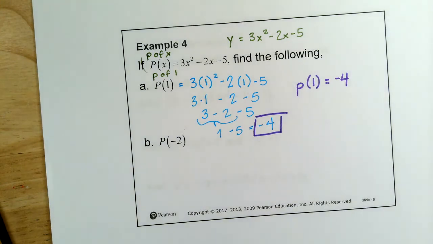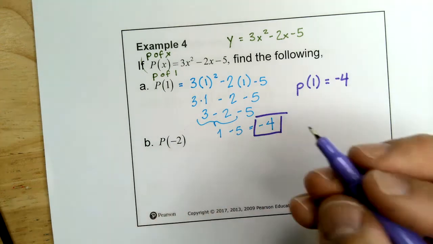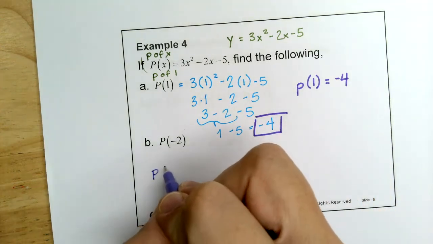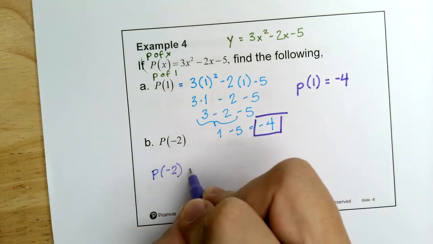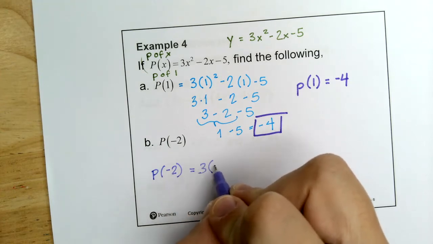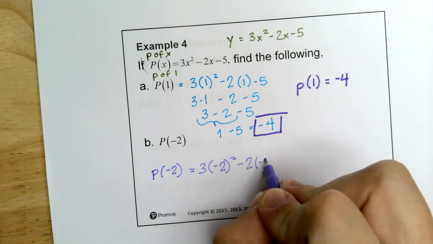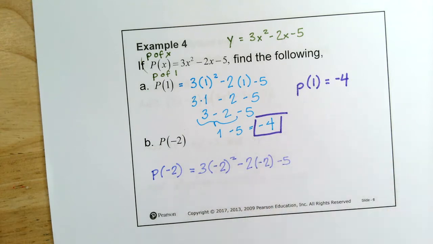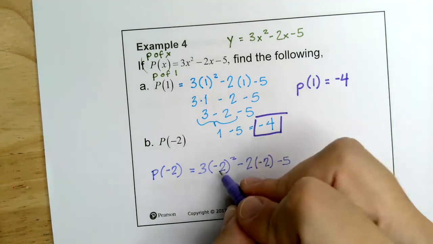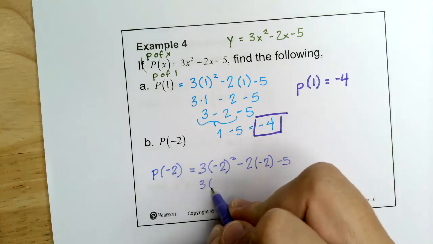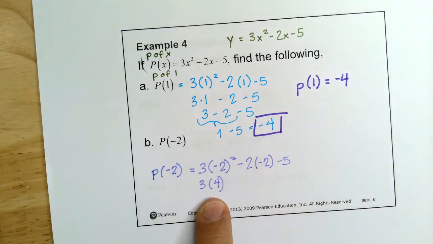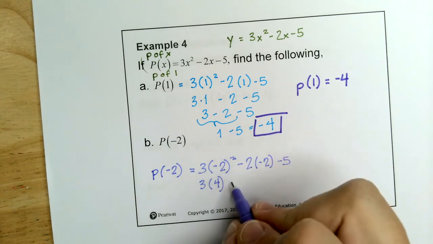Same thing with P of negative 2. So P of negative 2 equals 3 times negative 2 squared minus 2 times negative 2 minus 5. Now we just solve that. Negative 2 squared is 4, because a negative times a negative becomes a positive.